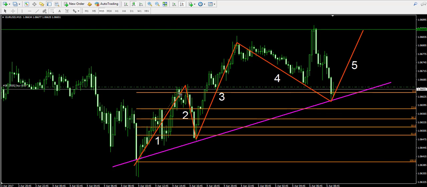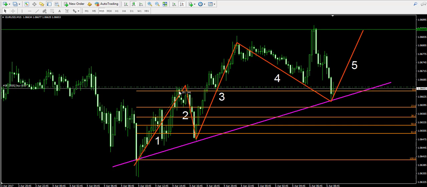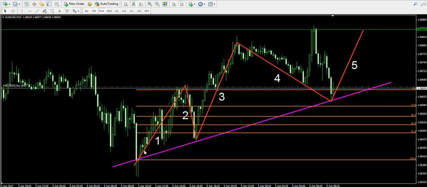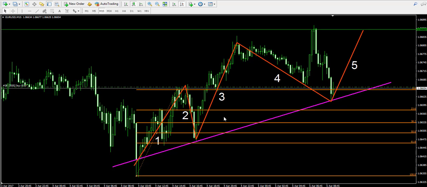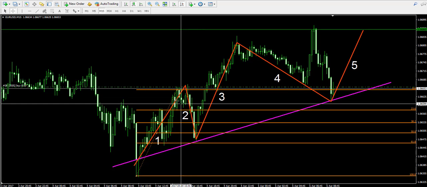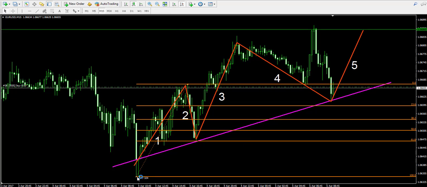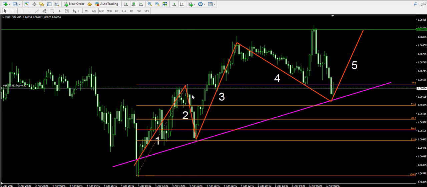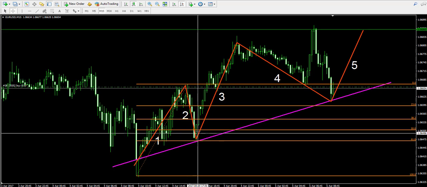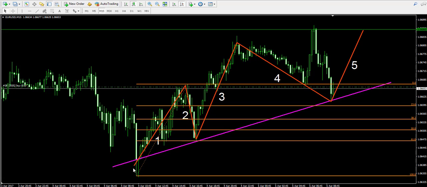The Elliott Wave Theory suggests that the second wave should take either 50% or 61.8% of the first wave, which is over here.